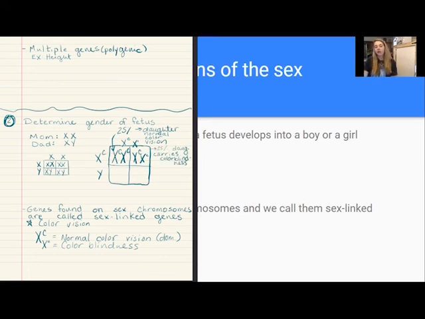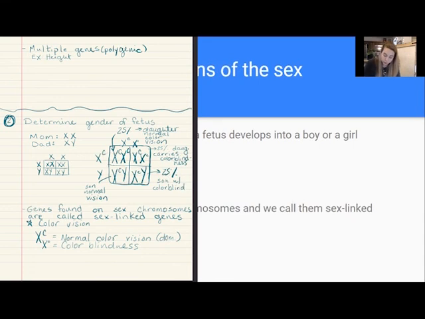That means that she herself can see normal color vision, but she is able to pass on the trait for color blindness. In the next row, we're going to get X capital C Y. This is a son with normal color vision. And the last example is going to give us an X lowercase c Y. X lowercase c Y tells us that there's a 25% chance that any of their offspring could be a colorblind male.